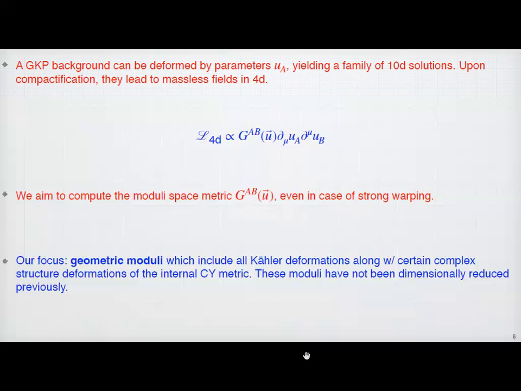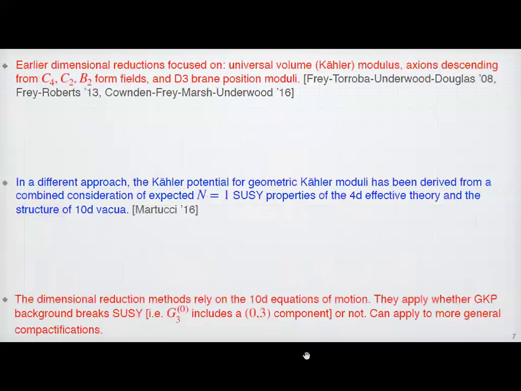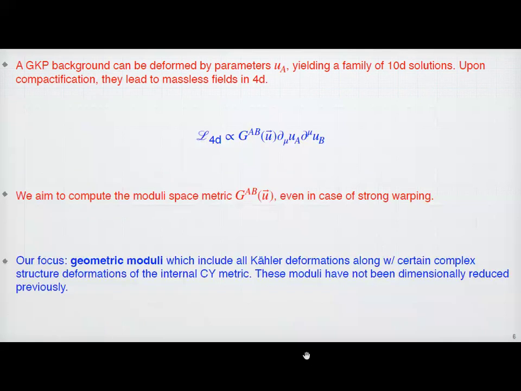Yeah, and I should mention here that all the Kähler deformations, but not all the complex structure deformations, are in the family of solutions. So if you allow some of the complex structure deformations, they might not be 10D solutions anymore. So we come to this point, but roughly this gives the motivation, the aim of what we want to do.